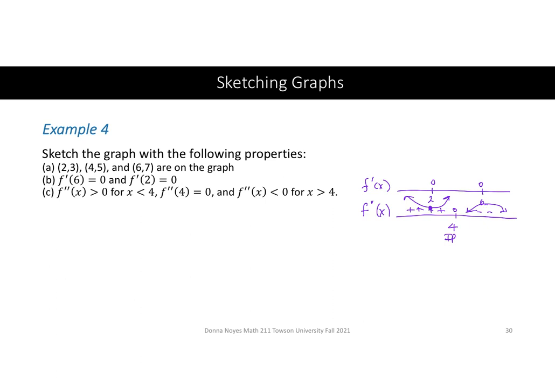And here it would be at the top of this curve. So that makes x equals 2 a minimum and x equals 6 a local or relative max. Local or relative, right?